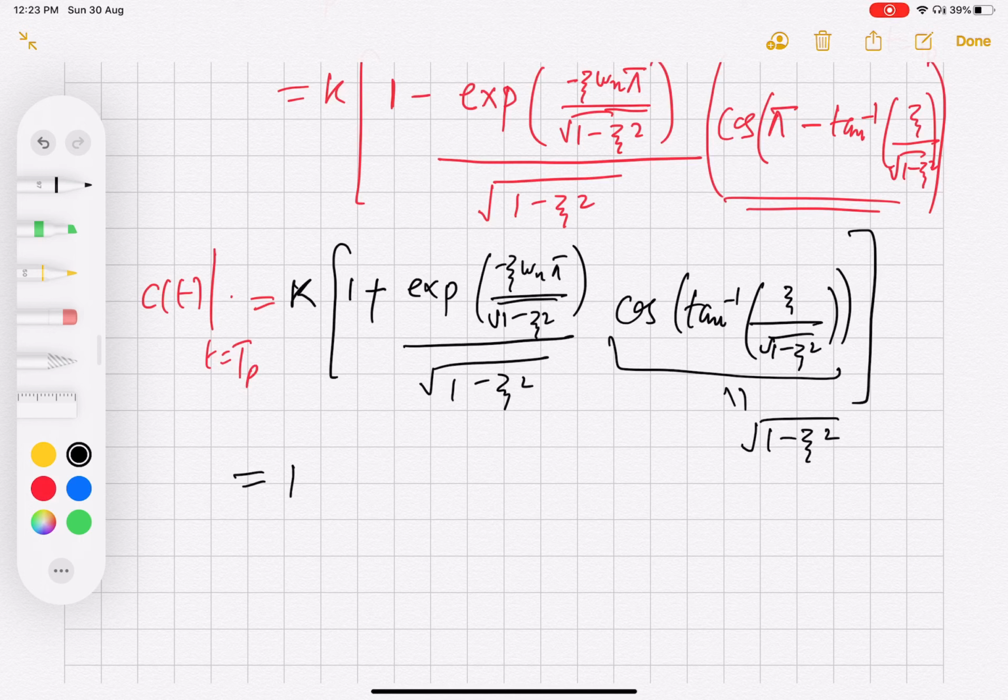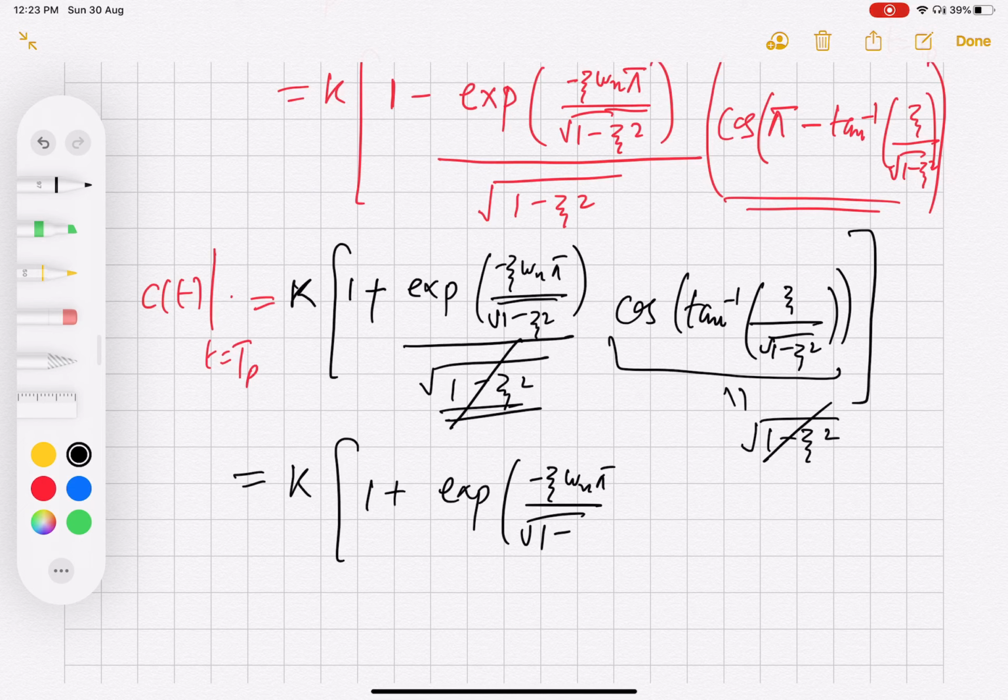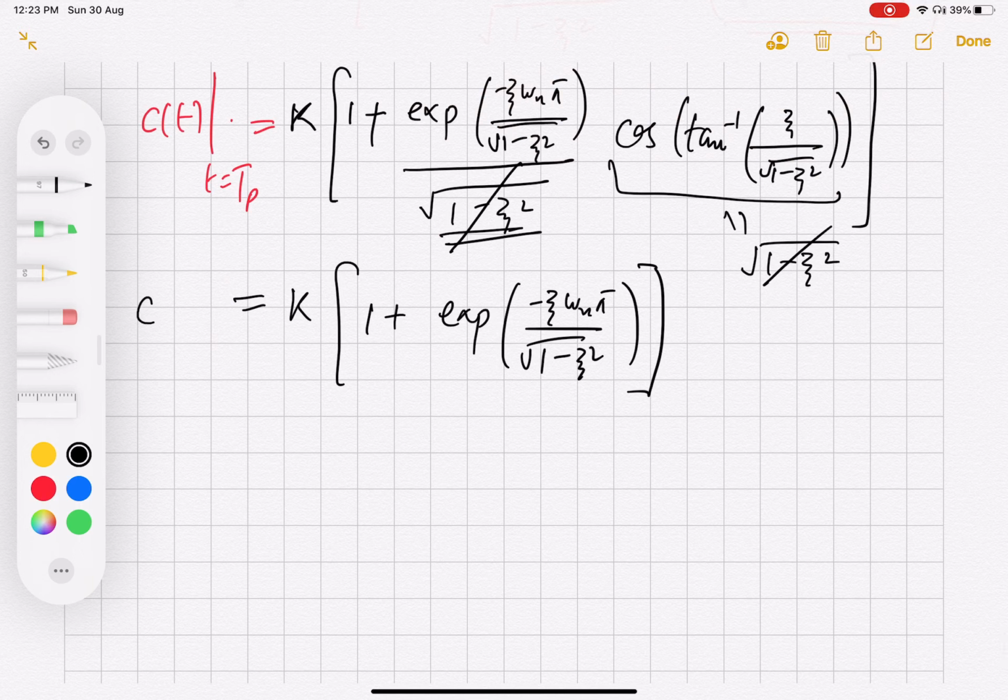So you're left with k, and this under root of 1 minus zeta square and that one cancel out. You're left with 1 plus exponential minus zeta omega n pi divided by under root of 1 minus zeta square. This is your c(t) at t equal to TP.